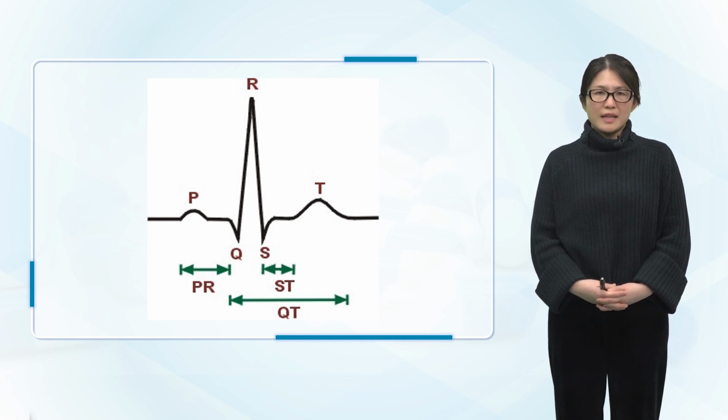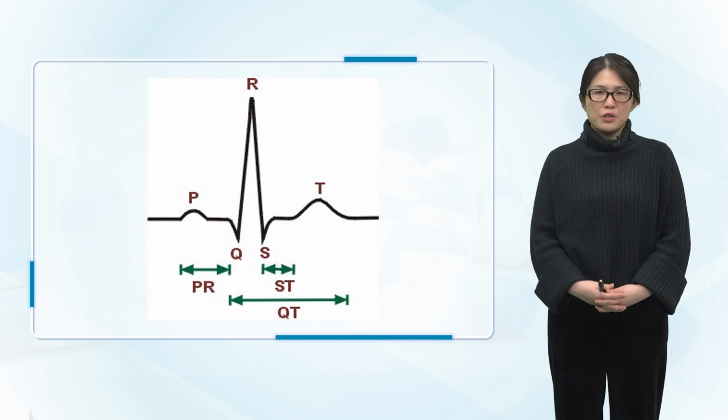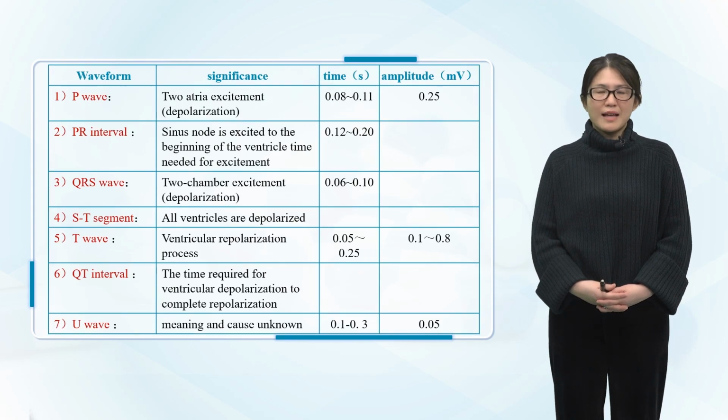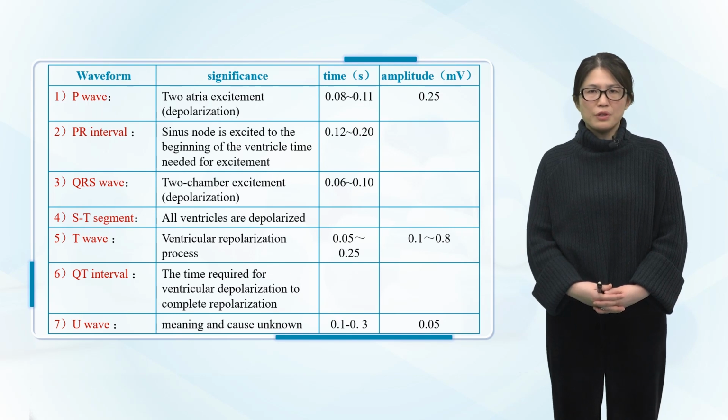It represents the time required for the excitement generated by the sinoatrial node to reach the ventricle through the atrium, the atrioventricular junction and the atrioventricular bundle, and cause the ventricular muscle to start to excite.